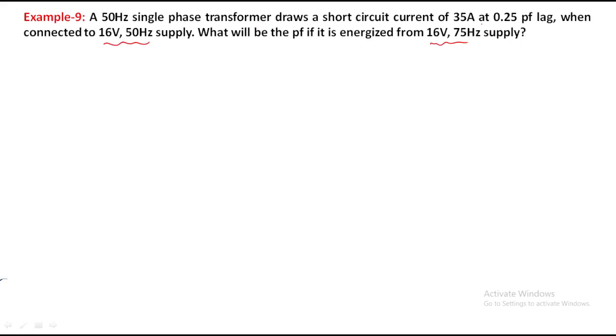Okay, so short circuit test is performed two times here. So first test is 35 amperes of current and 0.25 power factor lag, and in the second case we are having 16 volts 75 hertz source.